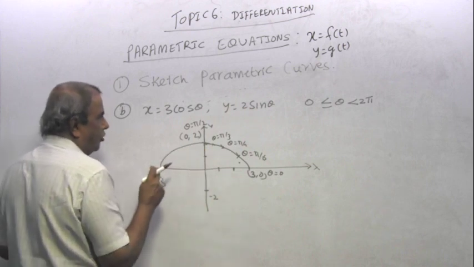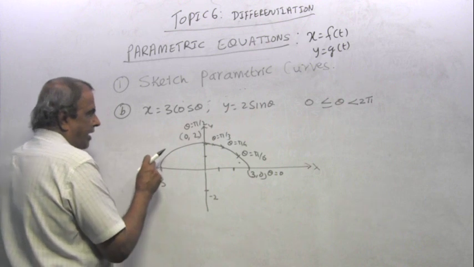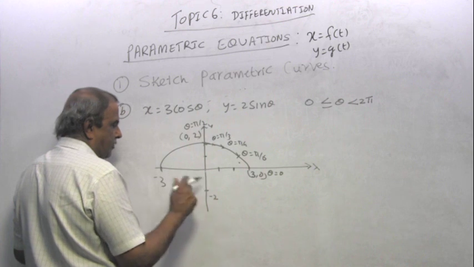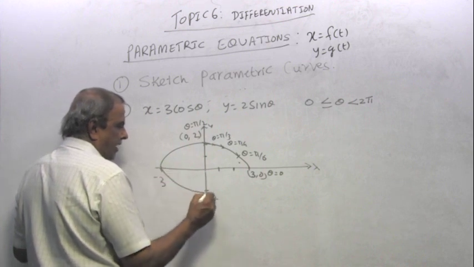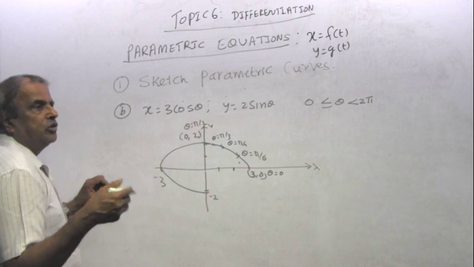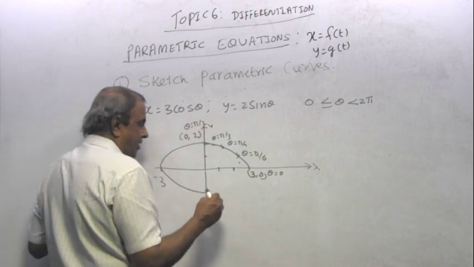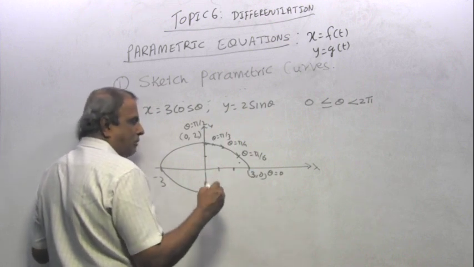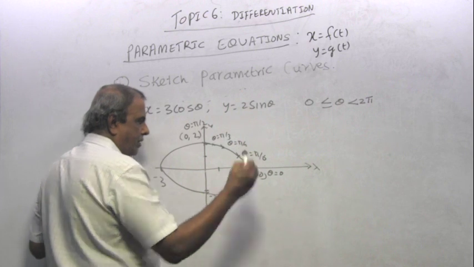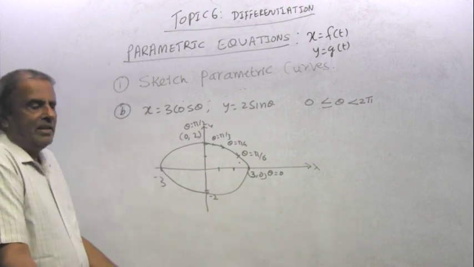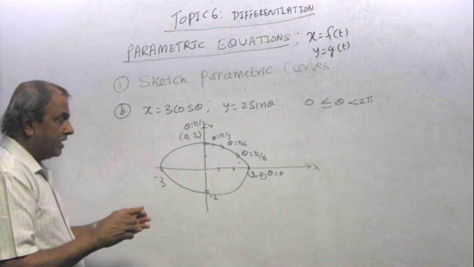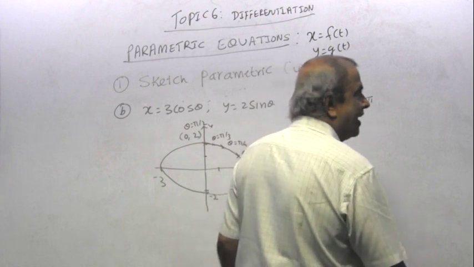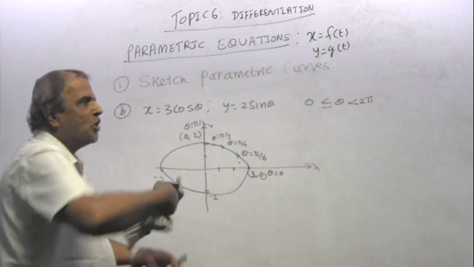And then as you go from 180 to 270, x will increase from minus 3 to 0, y will decrease further from 0 to minus 2. As you go from 270 to 360, x will increase from 0 to 3, y will increase from minus 2 to 0. That's your graph. It's an ellipse. So trigonometric graphs are a bit of a pain, as I will show you in the next one. I want to switch over.